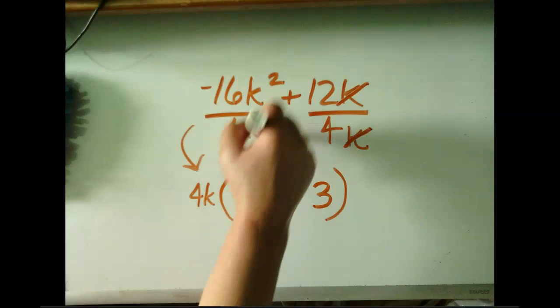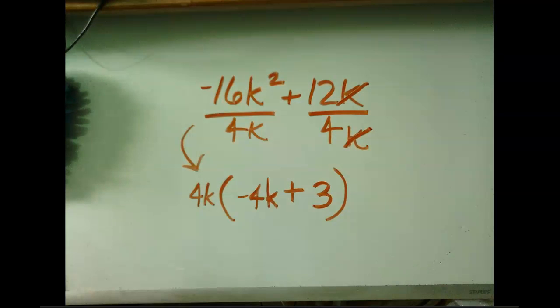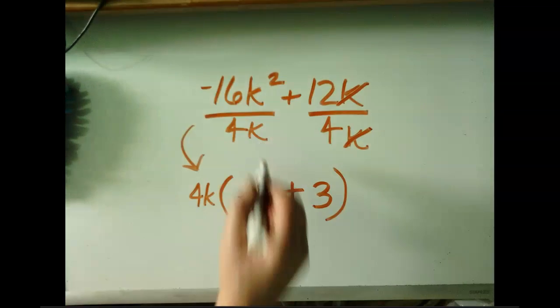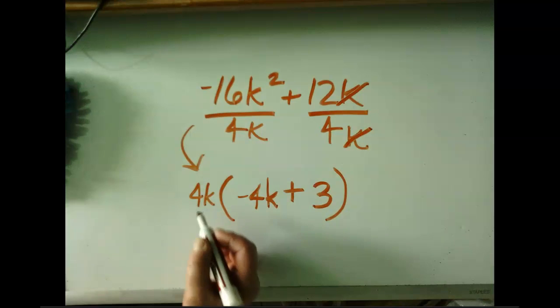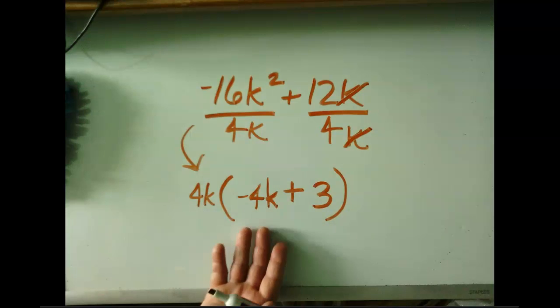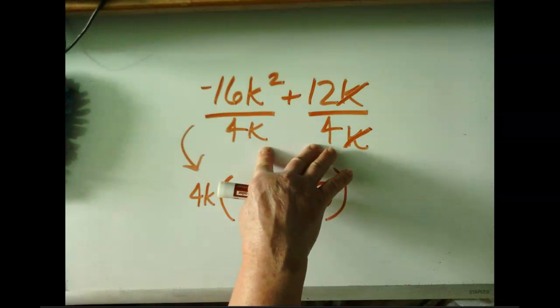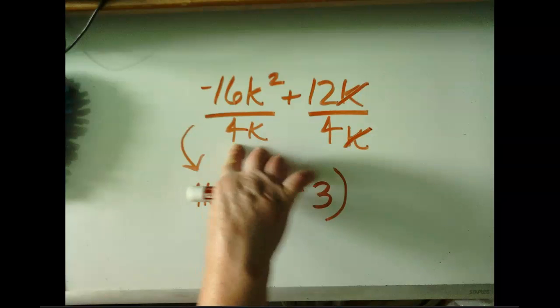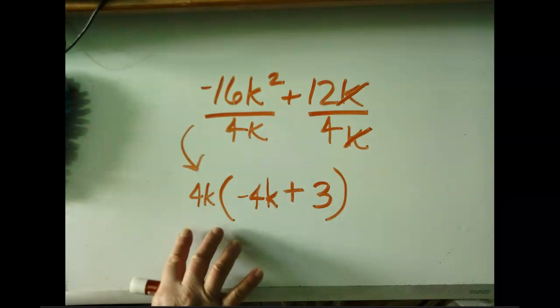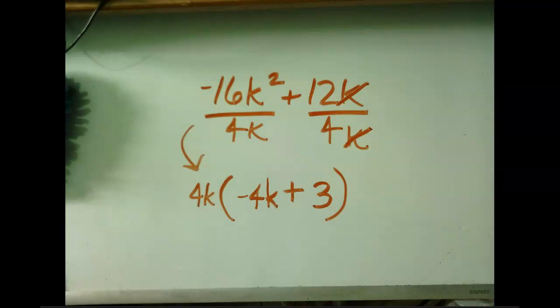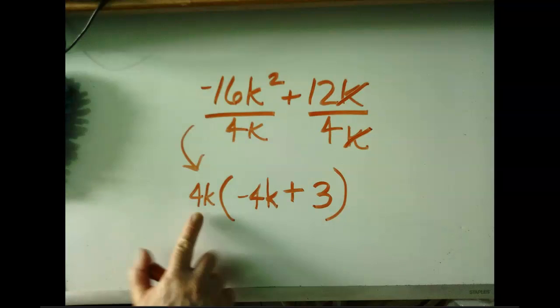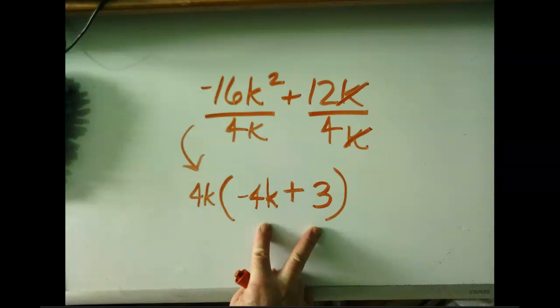And once again, when I divide exponents that have the same base, I am subtracting the exponents. So 2 minus 1 gives me 1. And voila, there I have it. I have factored the largest common factor out of these two terms, and so now I have 4k times negative 4k plus 3.